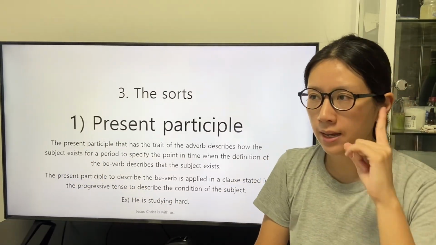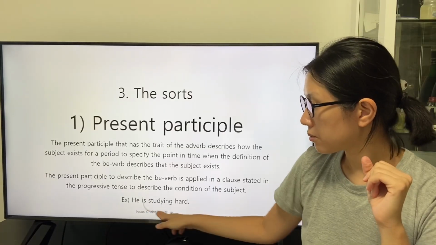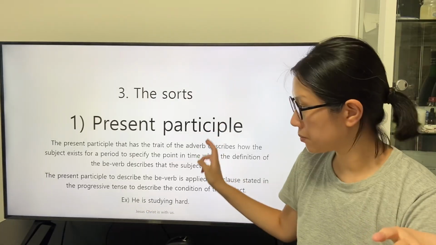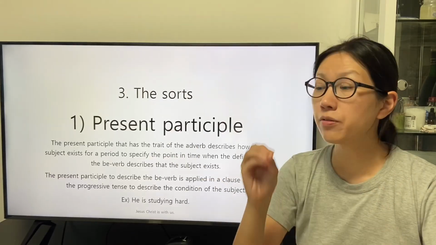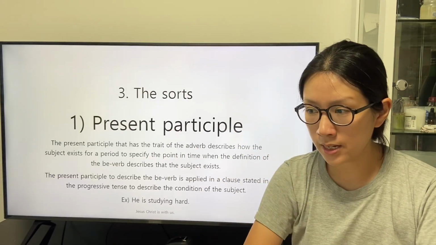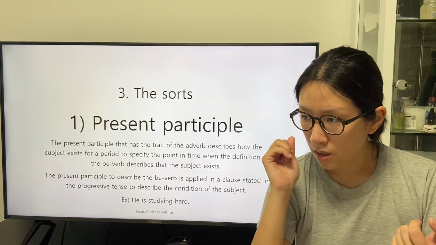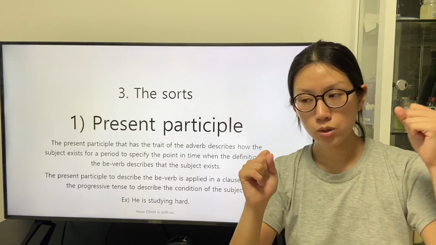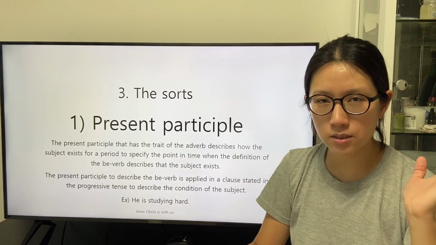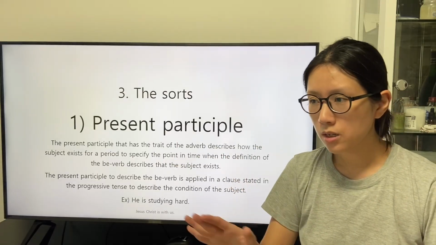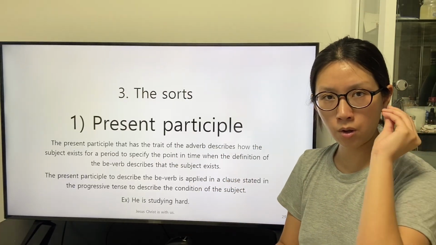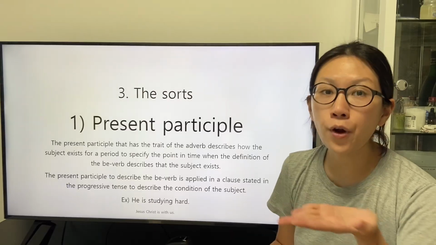We can understand that the present participle applied in the clause stated in the progressive tense is important to reveal the tense of the clause. Revealing tense is the role of a verb.